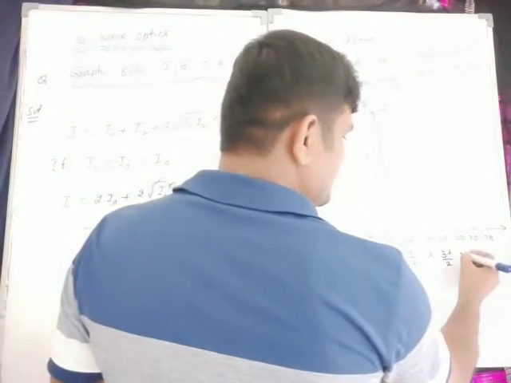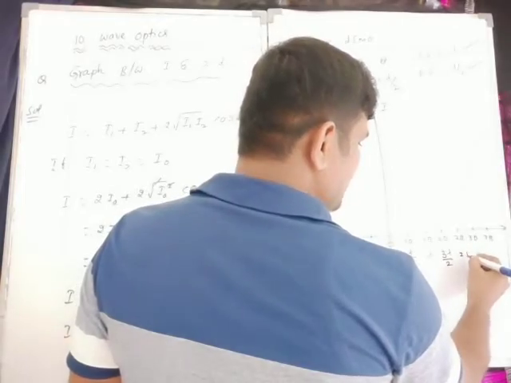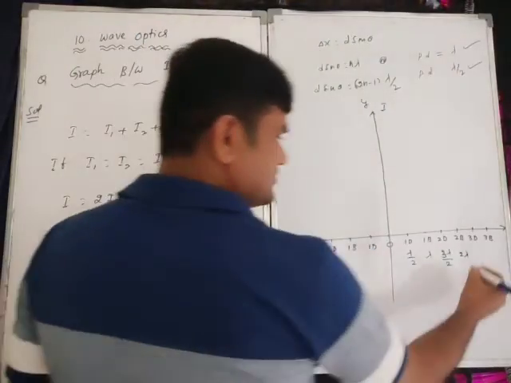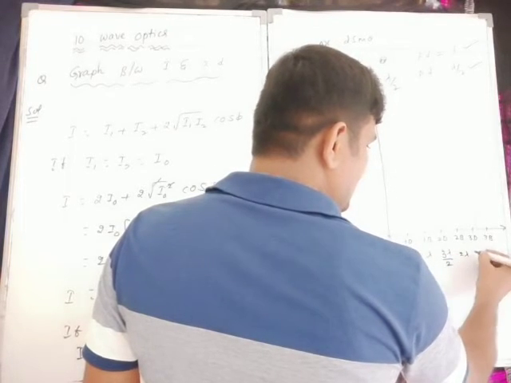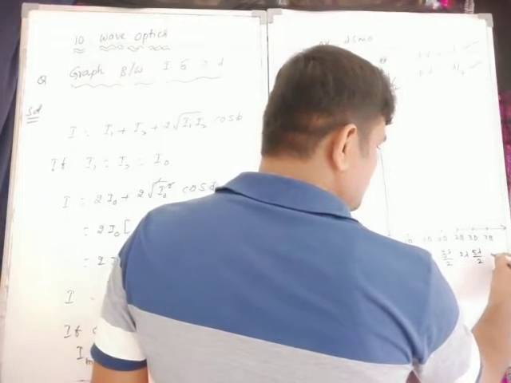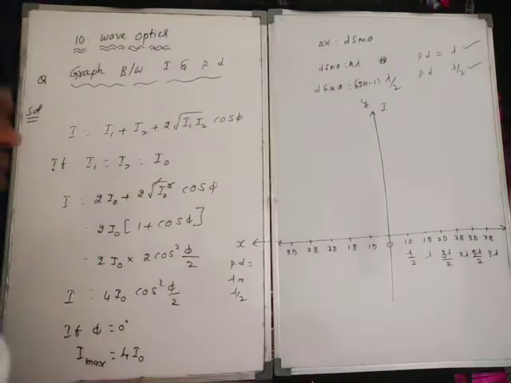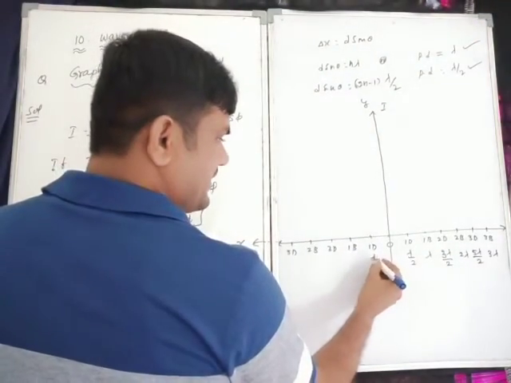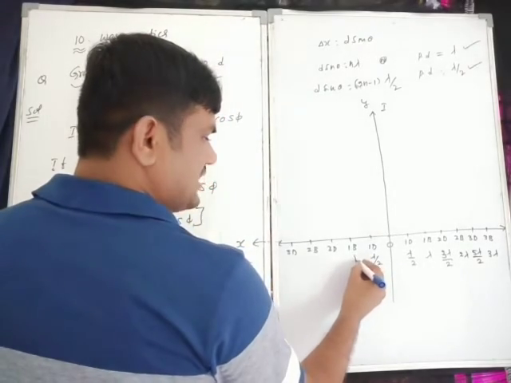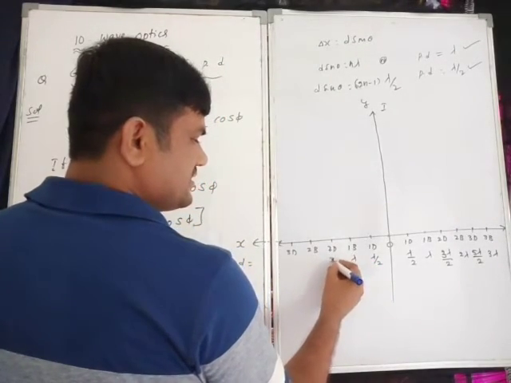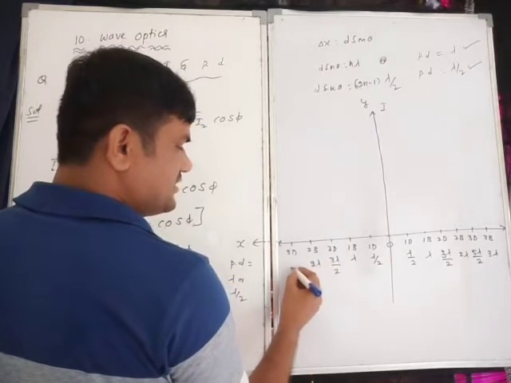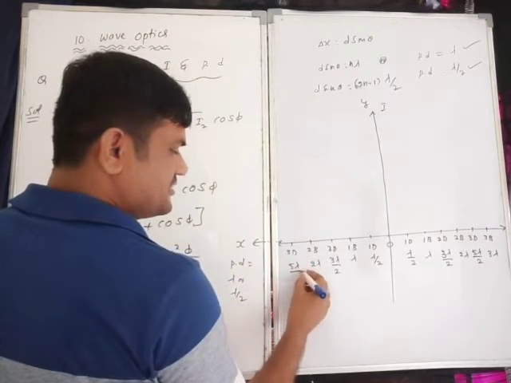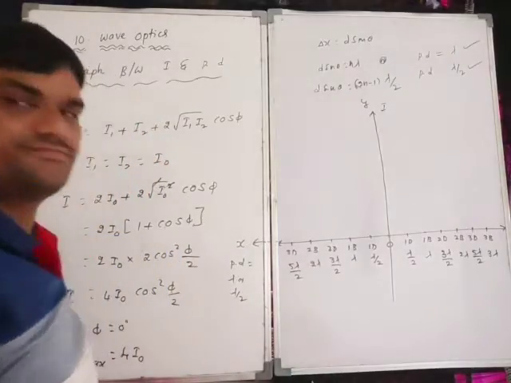Next the bright is at 2λ. Yes or no? Next, 5λ/2 and 3λ. Similarly here: λ/2, 2λ/2 meaning λ, 3λ/2, and 4λ/2 meaning 2λ, and 5λ/2 and so on.